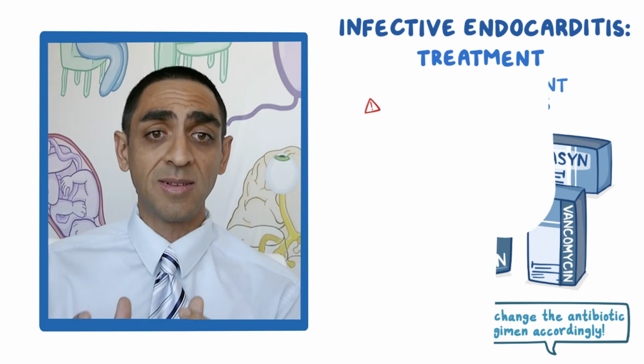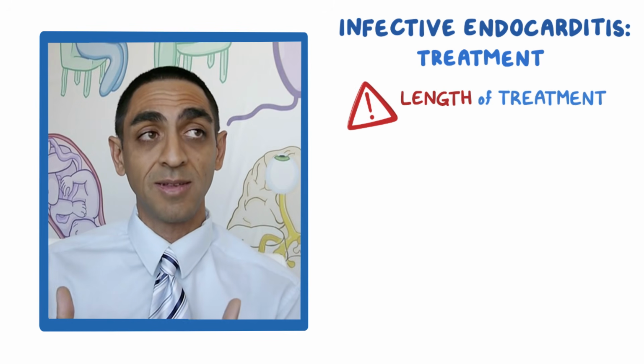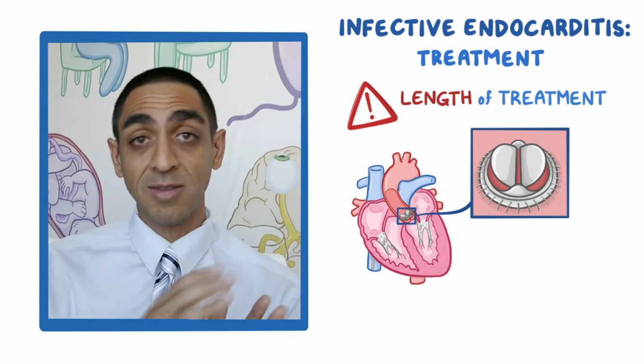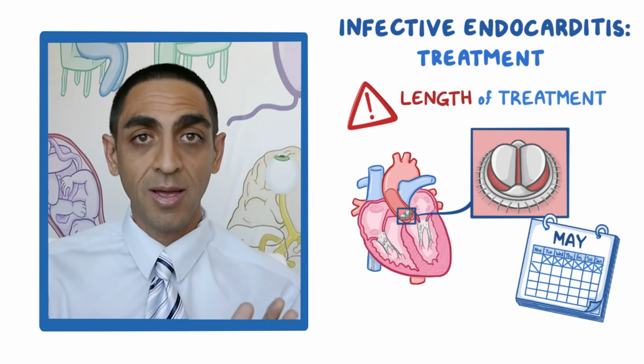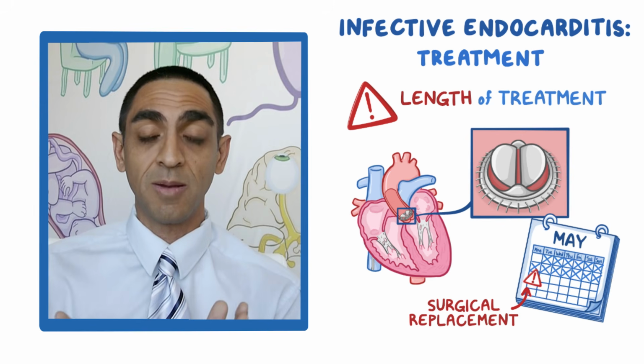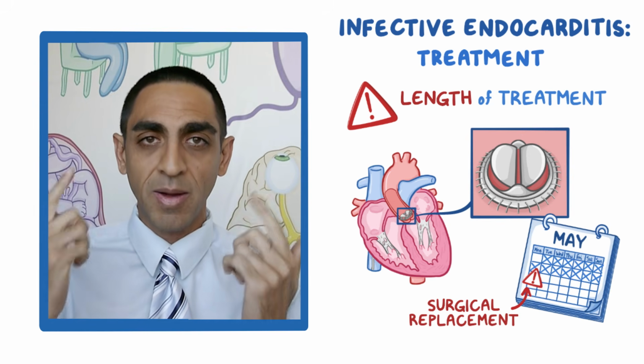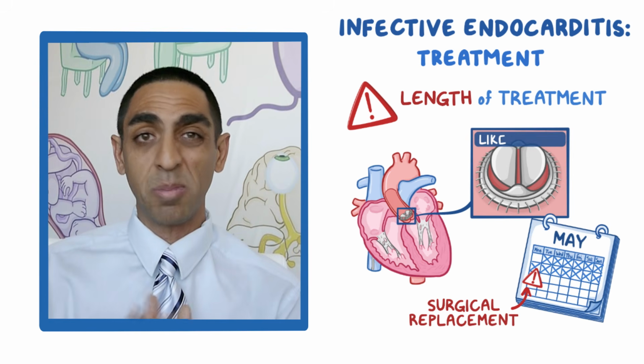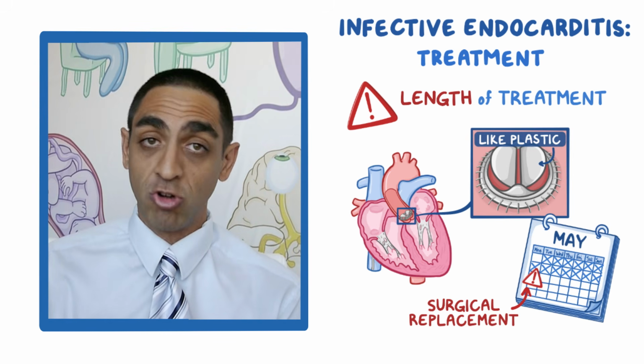The key, though, is the length of treatment, because sometimes you have to treat for a long time. With prosthetic valves in particular, sometimes you'll treat for a long time and it still won't work, and you'll have to get a surgical replacement done. I often think of prosthesis as being kind of like plastic, and antibiotics don't treat plastic very well.